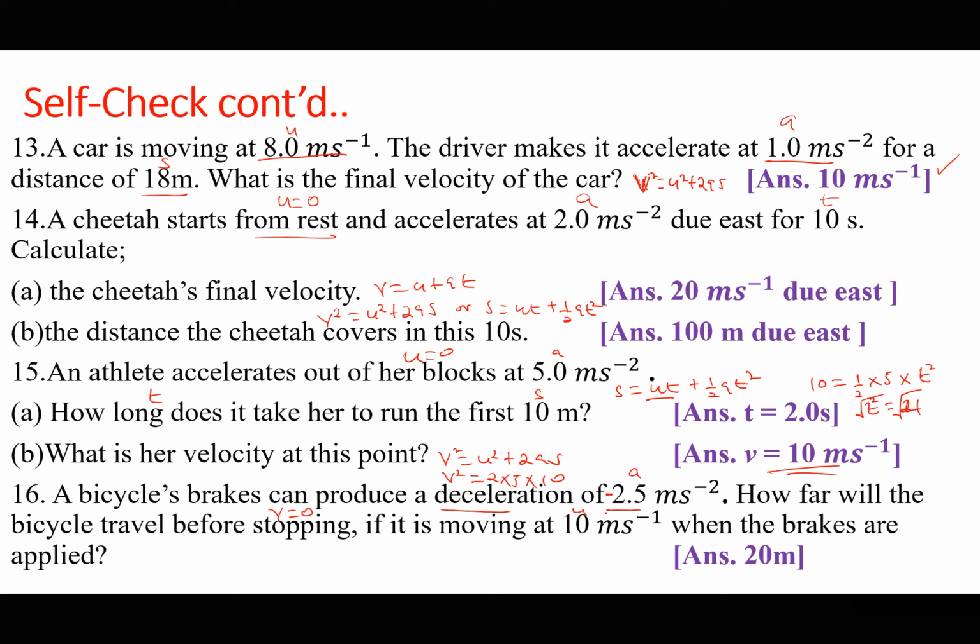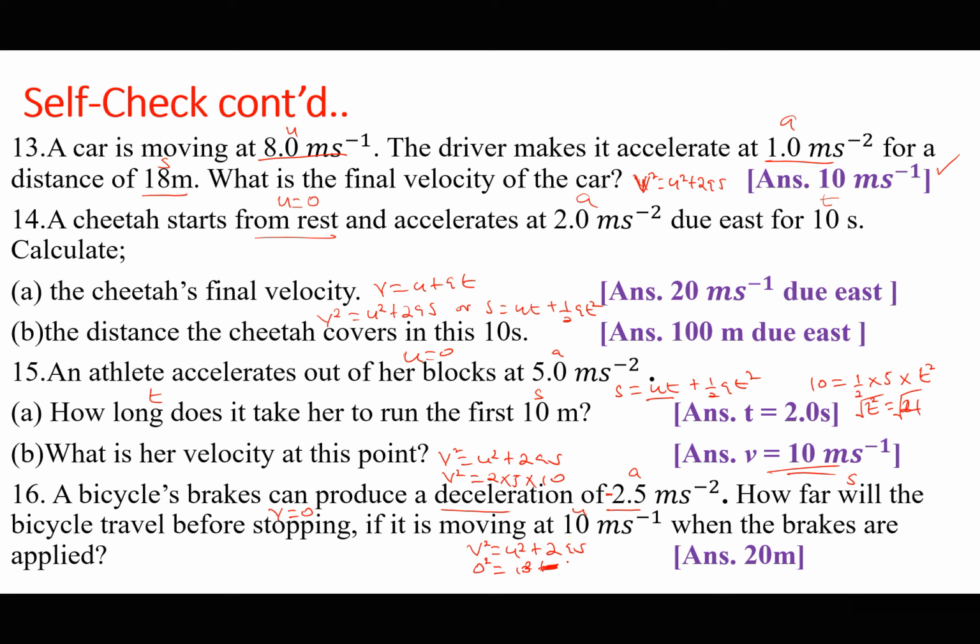So how far? We are finding s. So I can use v squared equals u squared plus 2as. Final is 0 squared. Initial is 10 squared plus, because it's the deceleration, I'll put a minus. So this will be plus negative.